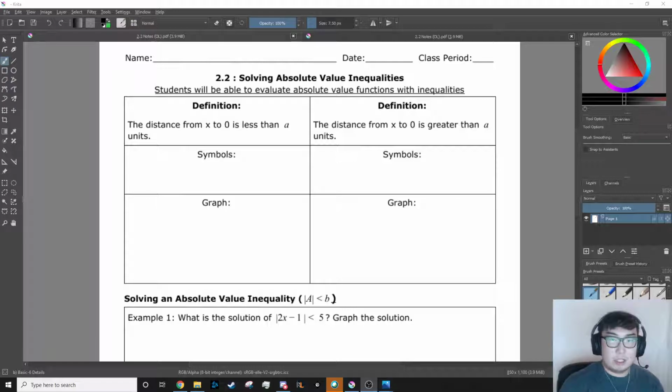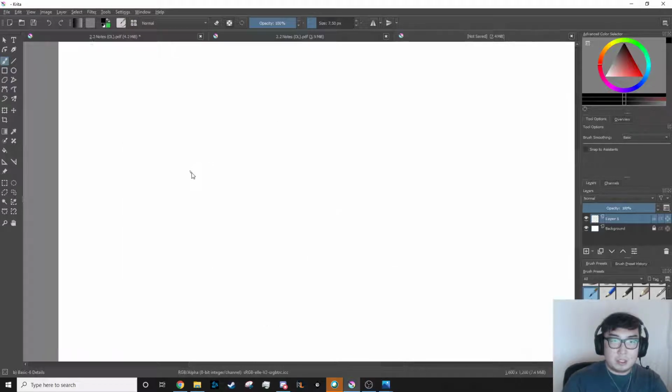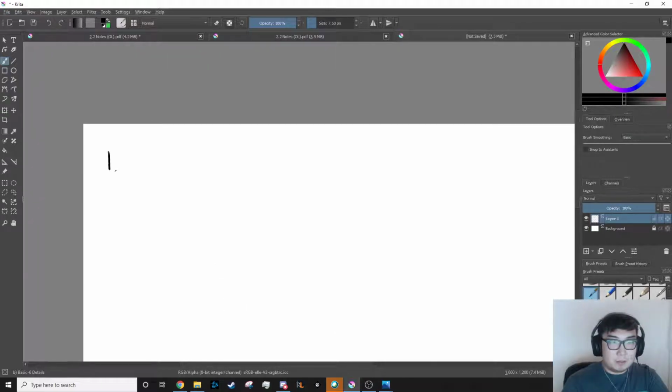Before I talk about 2-2, I want to talk about what we learned before. In 2-1, we learned how to solve absolute value equations. The steps were: step one, get the absolute value alone.